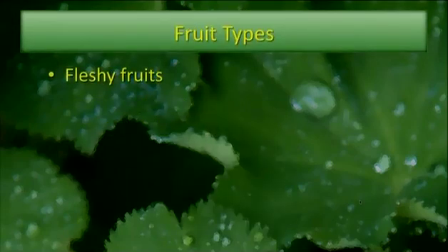First of all, fleshy fruits. Simple fleshy fruits develop from one flower with a single pistil. Only one flower with one pistil. Those are simple fleshy fruits. A drupe is an example of a simple fleshy fruit. It has a single seed that's enclosed by a hard, stony pit.